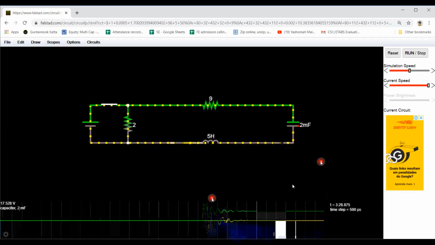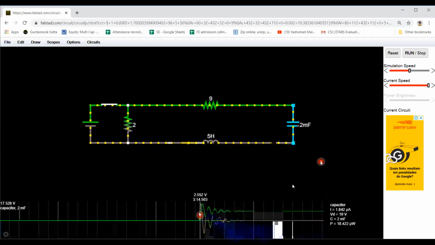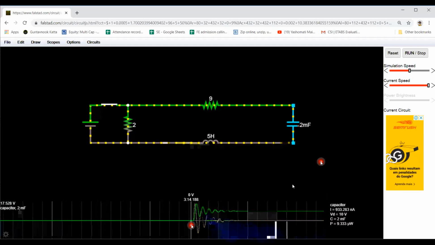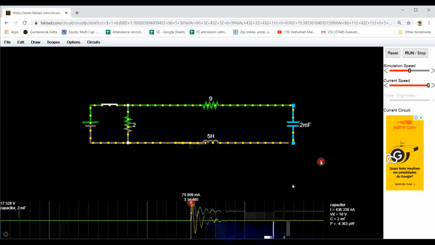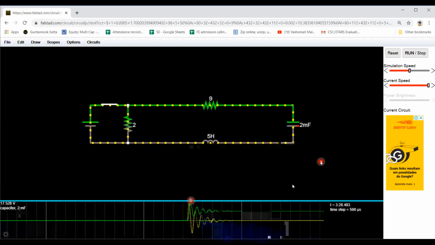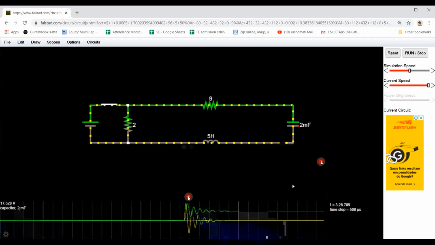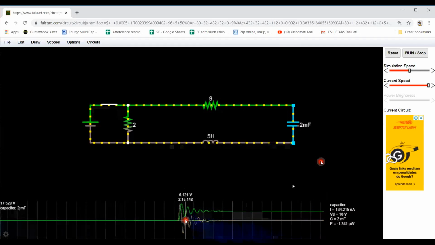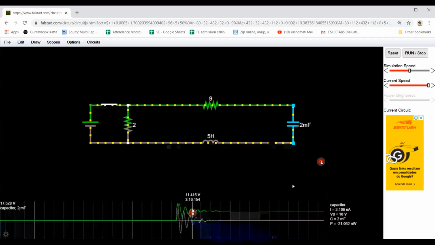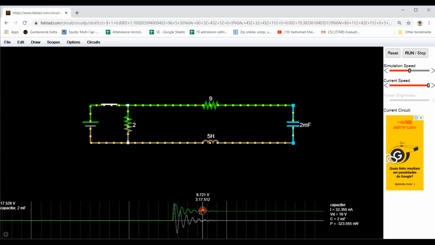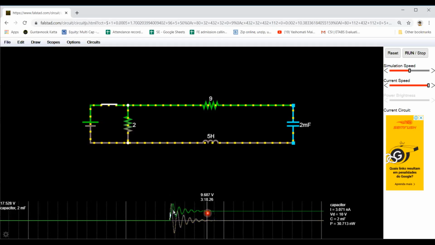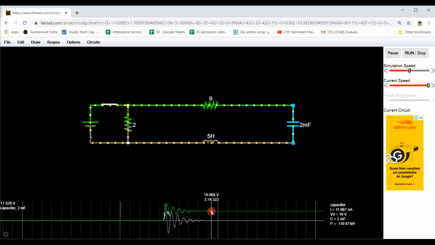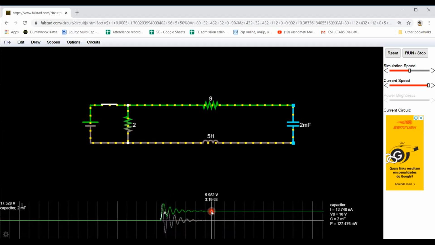Now you can observe the same thing on the capacitor voltage waveform, which is shown by the green waveform. Initially it was 0, then it rose to a certain value, which was more than the voltage V. Then again it came down, went up again, and after these oscillations it settled down at this particular time, which is equal to 5 times T, which we have already seen in the theory class.